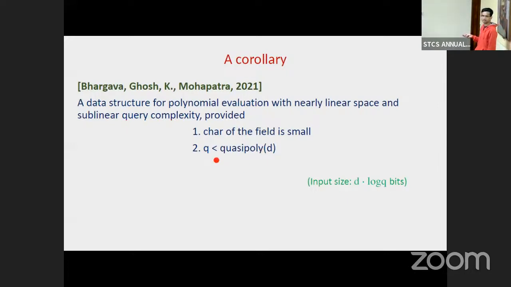Some bound on the field size is needed because of Mendelssohn's result: if Q is exponentially larger than D, then we can't expect a data structure. But we need a quasi-polynomial bound. I don't know if this is necessary. The query complexity is something like D log Q to the power of log.